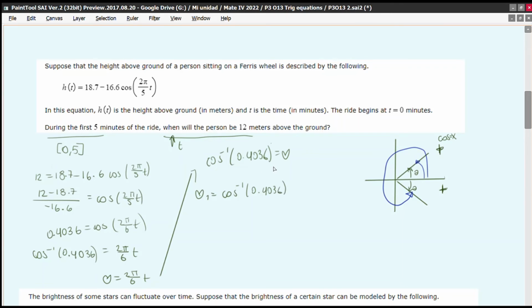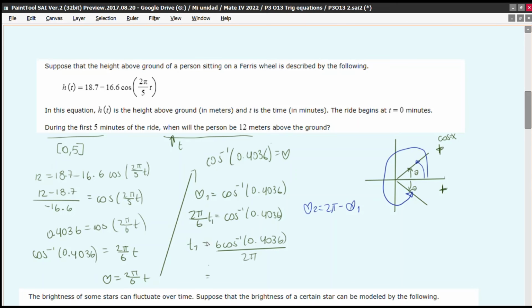And my second solution is going to be a full spin, which is 2 pi, minus the reference angle. Now we have to change back into our theta. My theta was 2 pi over 5 t, so this equals cosine inverse of 0.4036. If I solve for t for my first answer, I'm going to multiply everything by 5 and then divide everything over 2 pi.